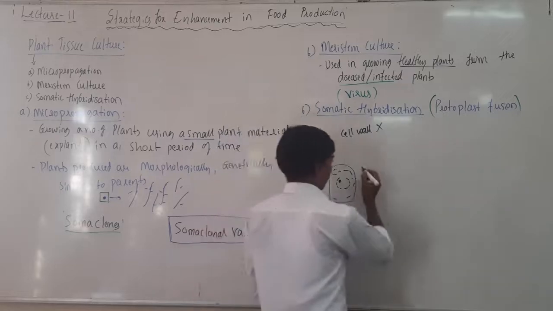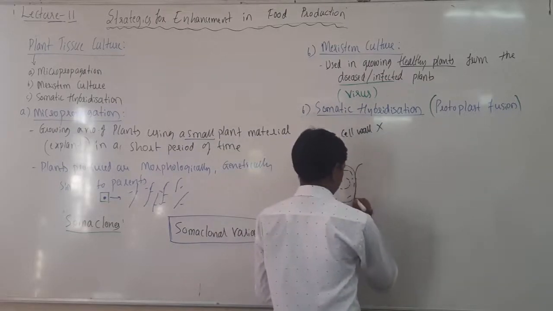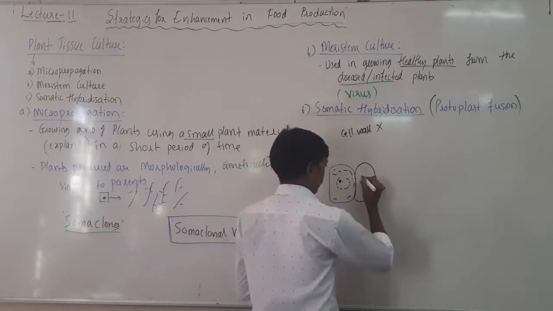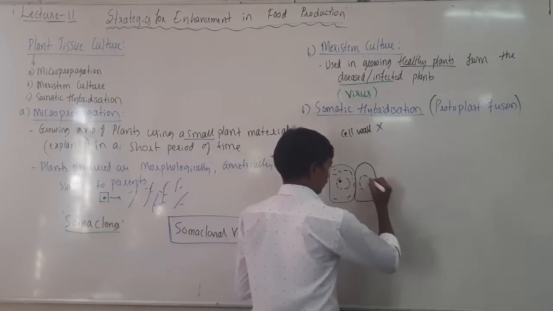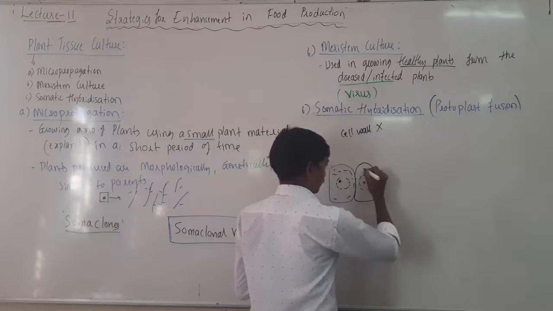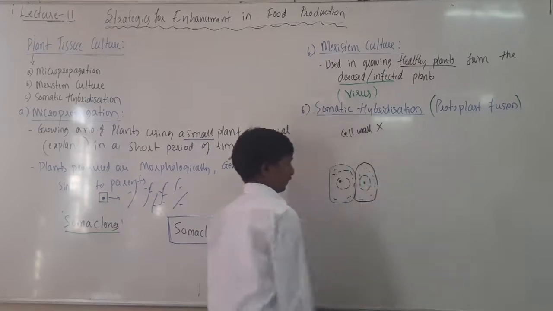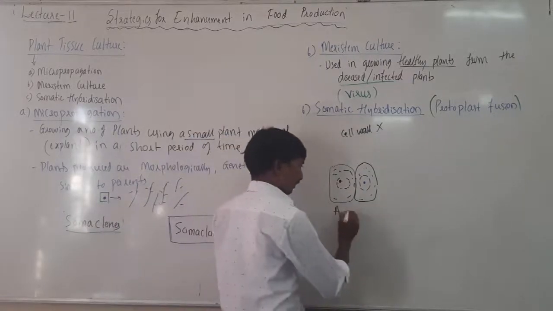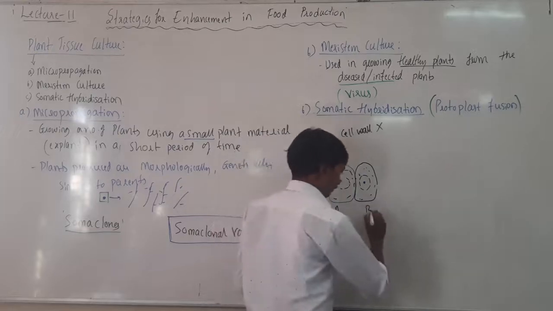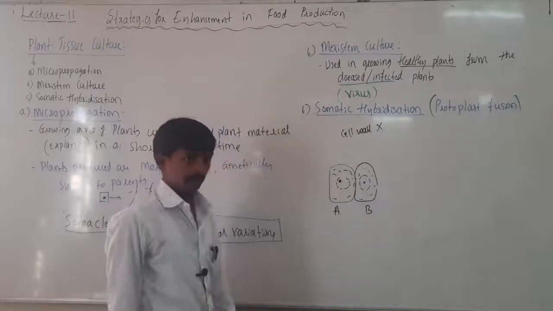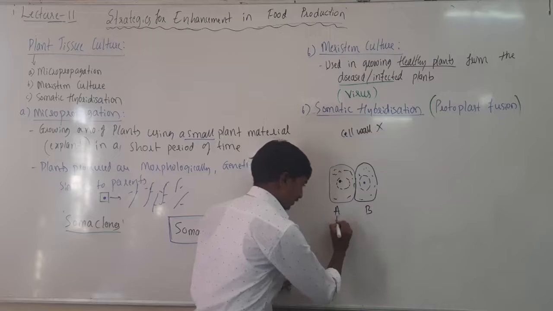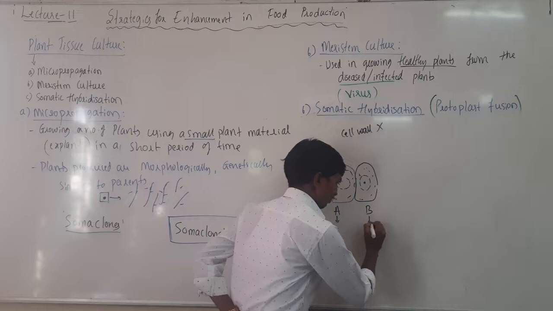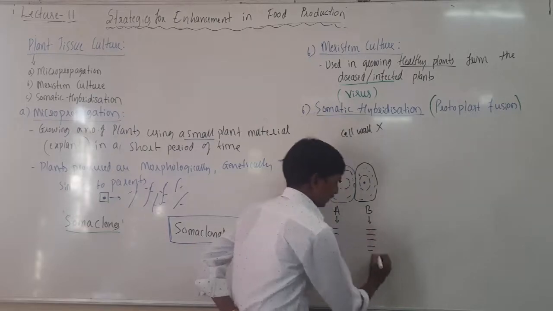Similarly, I will take another cell without a cell wall. Again, it also has the nucleus, nucleolus, all those parts. This cell is taken from plant A, and this cell is taken from plant B. Plant A had some desirable characteristics, and plant B had some desirable characteristics.